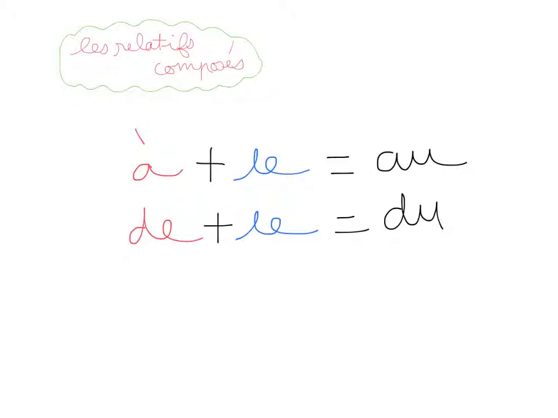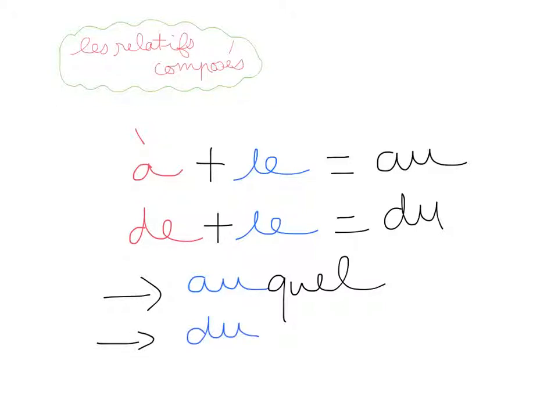So à lequel does not exist. Instead, we're going to have auquel, like this. And de lequel does not exist either. Instead, we're going to have duquel.